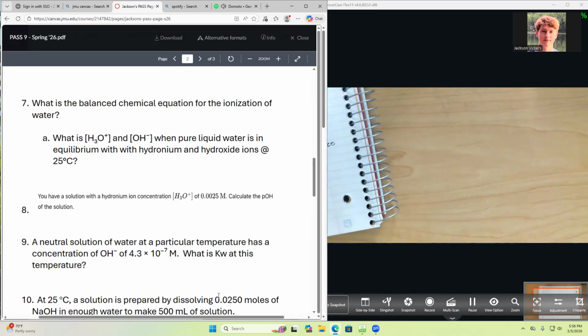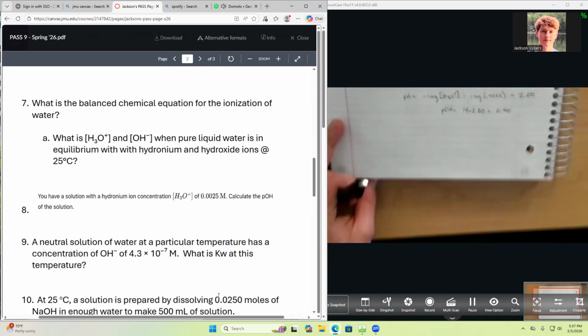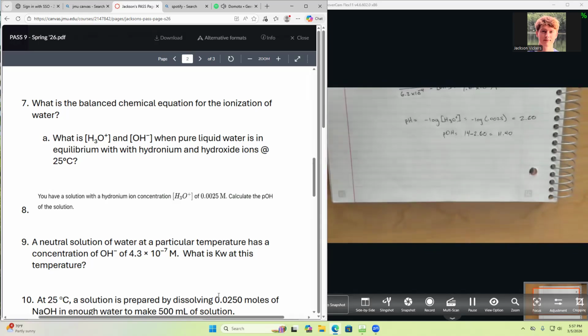Anyone get an answer for this one? Yep. And you're always going to report pH and pOH values to the hundredth, so the second decimal. So 11.40 technically. But here's how I solve it. I'm curious if anyone solved it a different way. But I think the quickest way to do this one is we have a hydronium ion concentration given to us.